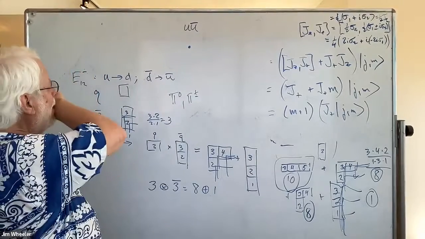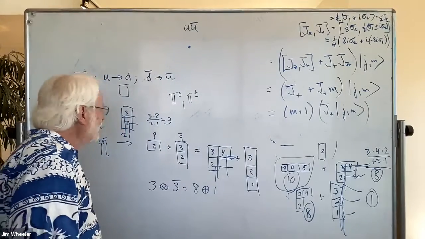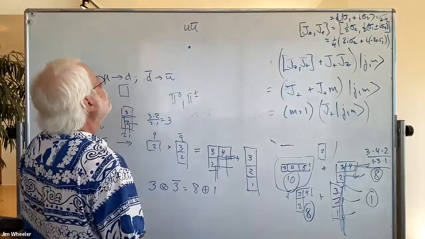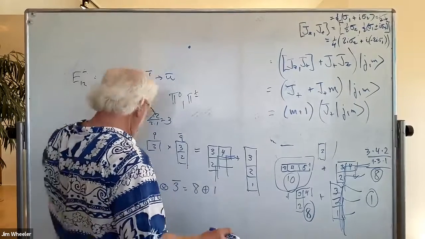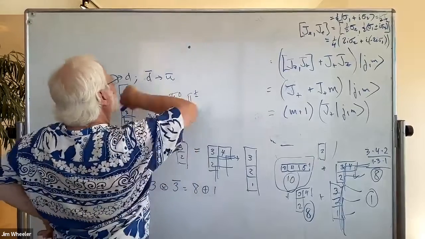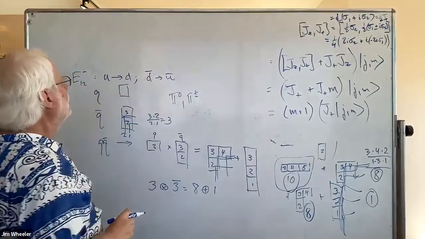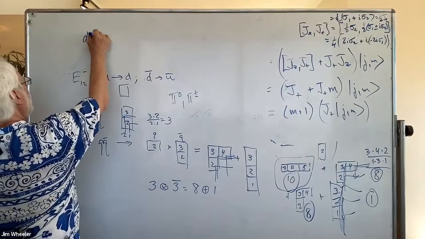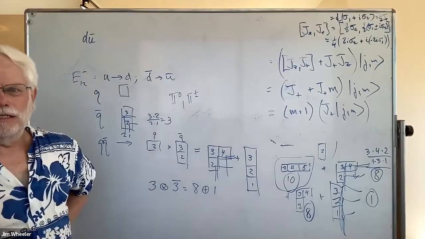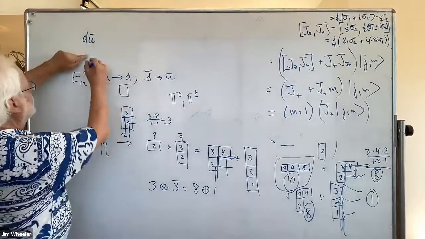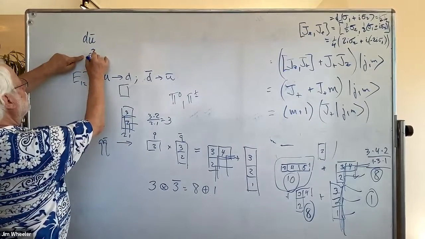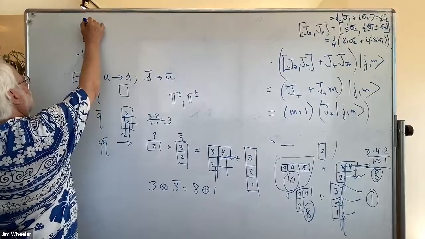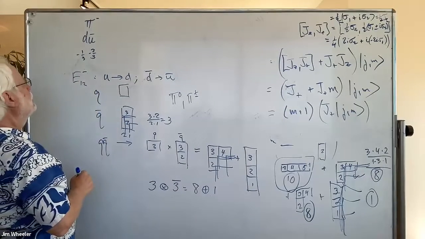Actually, that's not the one we want to start with. Let's start with a D U bar. That's the lowest charge, right? Because this is minus 2/3 and this is minus 1/3. So this is probably our pi minus.